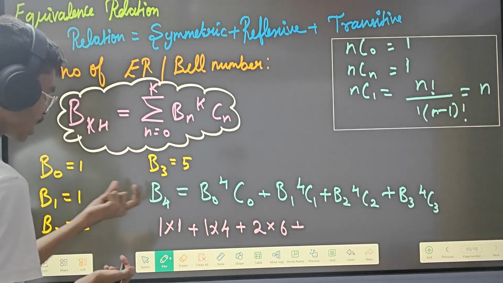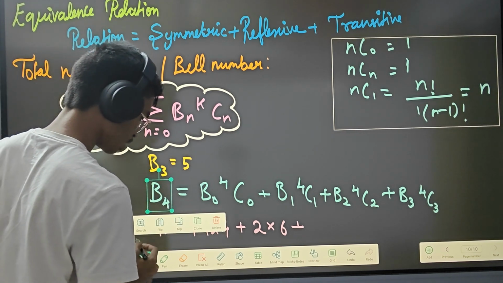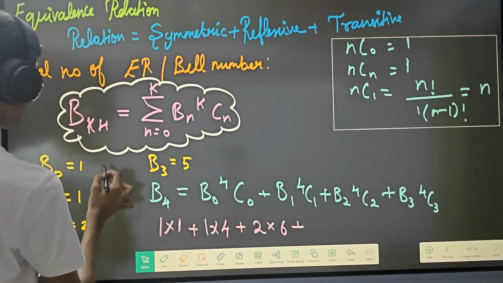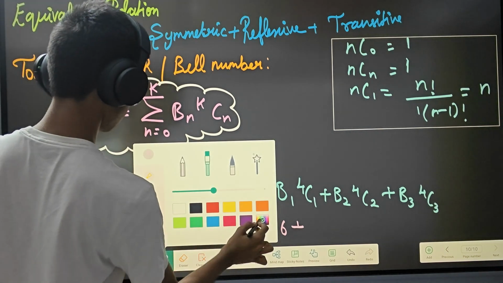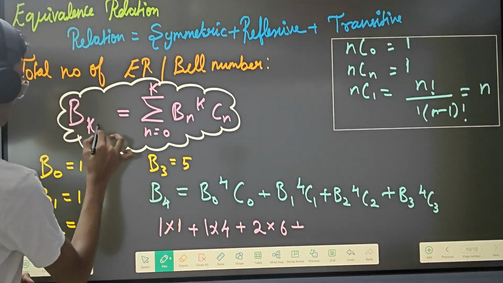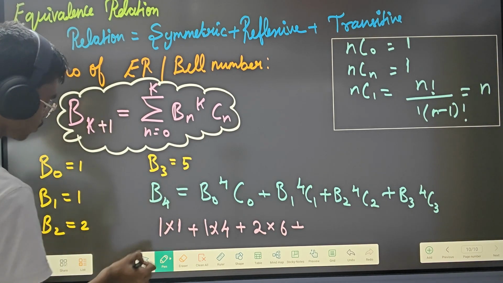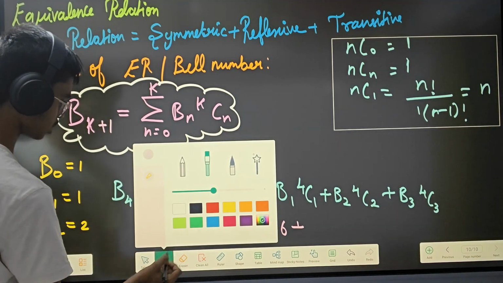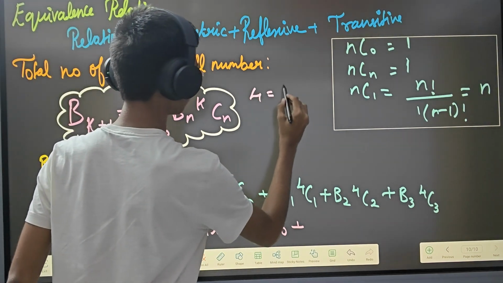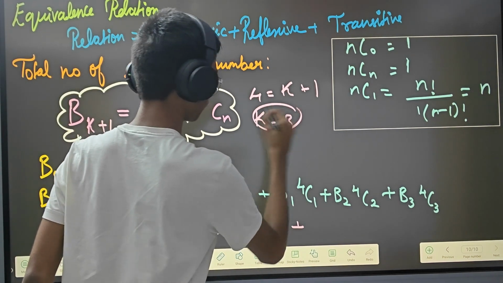Actually the thing is, how we have to write is B4 is there, right? This is not actually H, that is plus 1. Here B4 is there, which is K plus 1, B4. Here 4 is equal to K plus 1, so K is equal to 3.